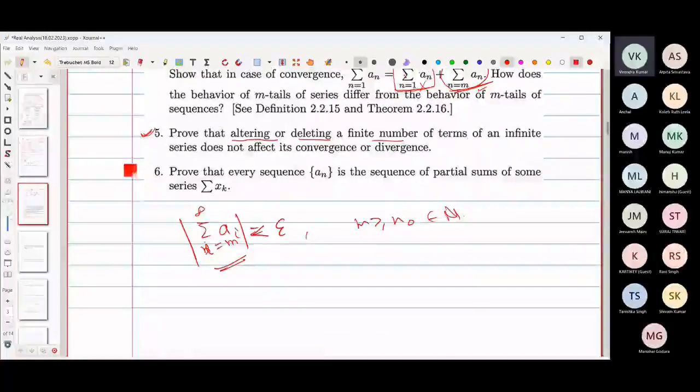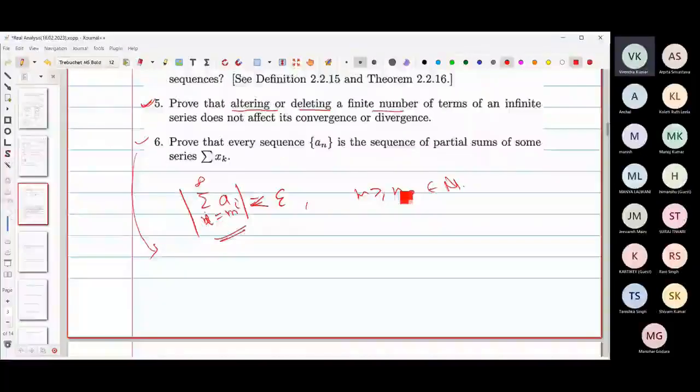Then the sixth question is: prove that every sequence is the sequence of partial sums of a series. They are talking about every sequence.